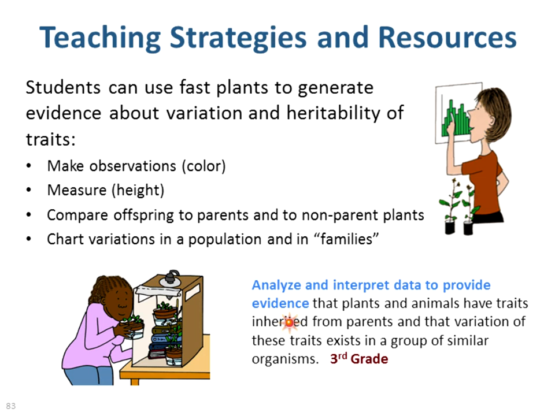If you use Wisconsin Fast Plants, you can breed them very fast, and you can make some observations that don't really require measurements and other observations that do. You can compare plants to their parents and plants to other plants that are not their parents and analyze. It's very similar to what you're doing with the 1st grade, but you're deepening the notion of evidence and how you get this evidence and what is not inherited.